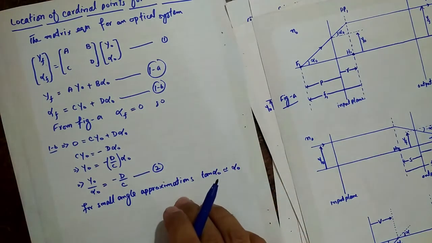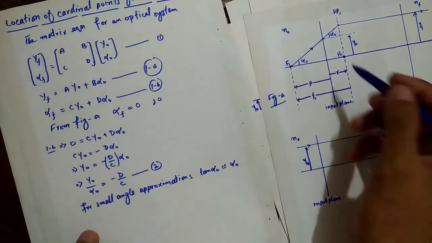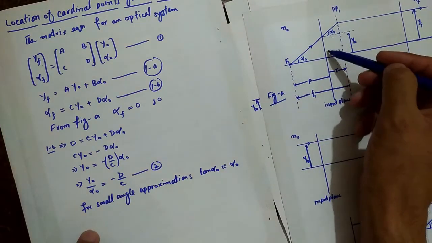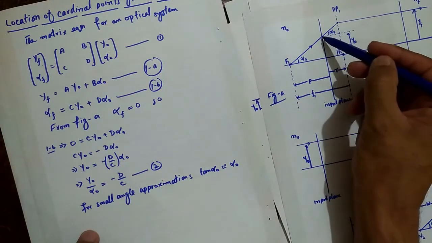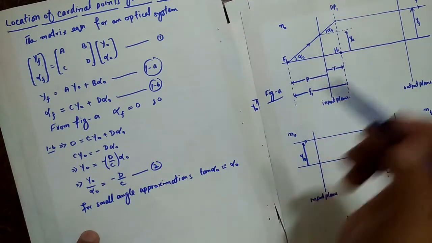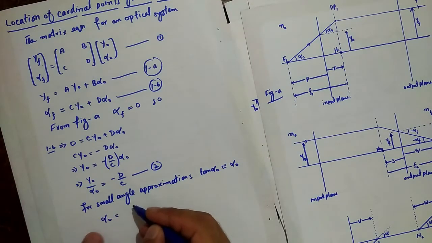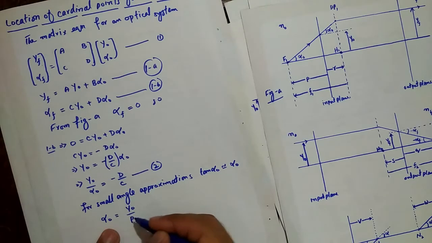Clear? So the tan of alpha naught will be equal to this distance, y naught. At this point the height or altitude of the incident ray is y naught. This is y naught upon p. So alpha naught is equal to y naught upon p.